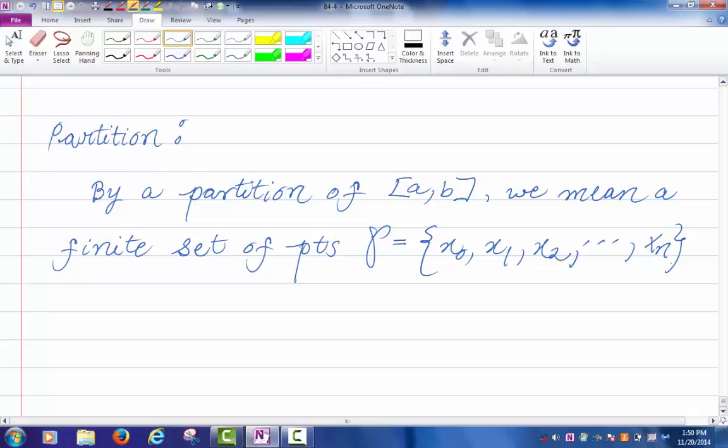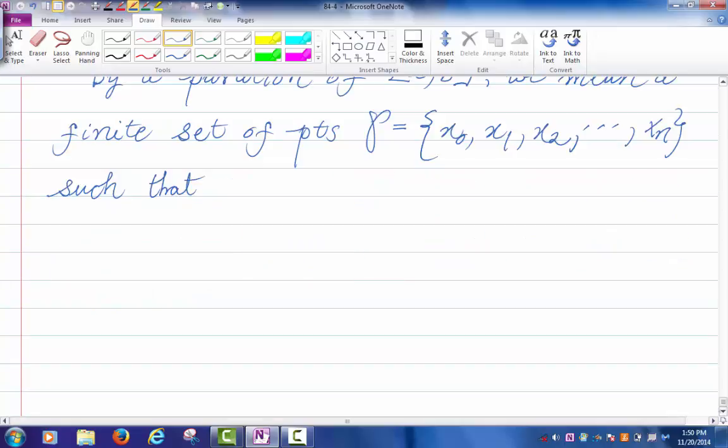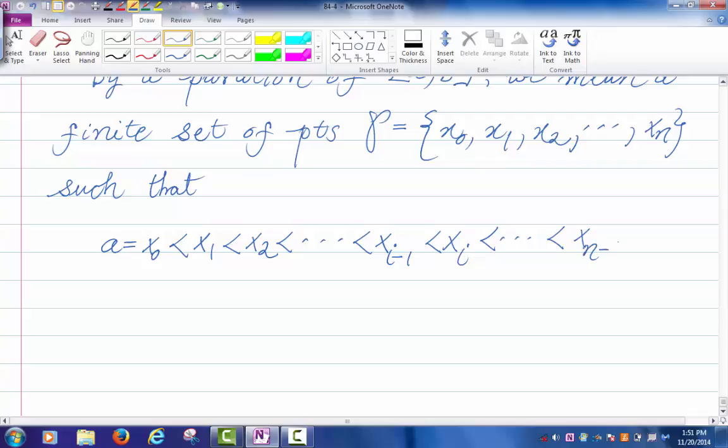So you have n plus 1 points here, such that, remember, we are looking at the interval from A to B. The left end point of that interval A is always the first partition point x0, and then this is strictly less than x1, it is less than x2, less than ... At some point you have some partition point xi minus 1 and xi ... The second to last partition point is xn minus 1, and that's less than the last one, xn, and xn is the right end point of that interval.